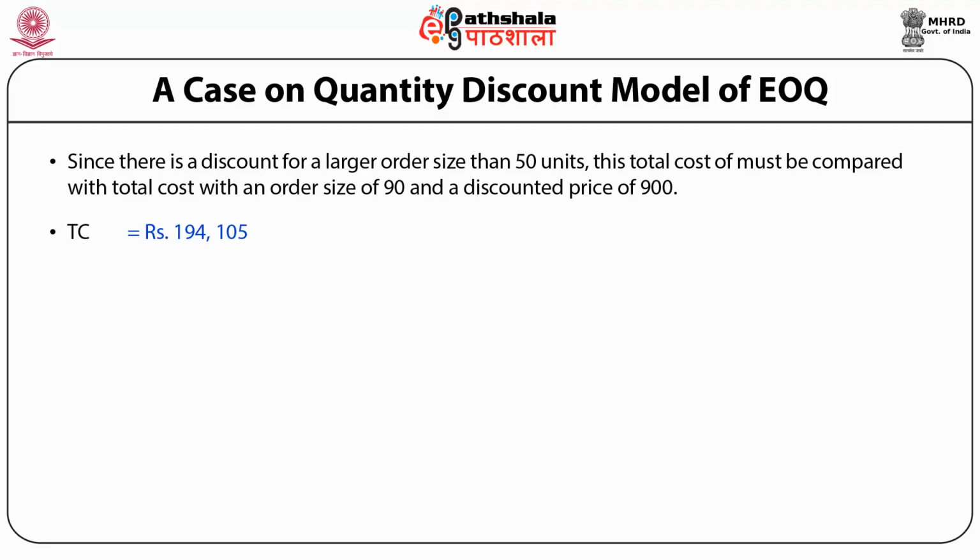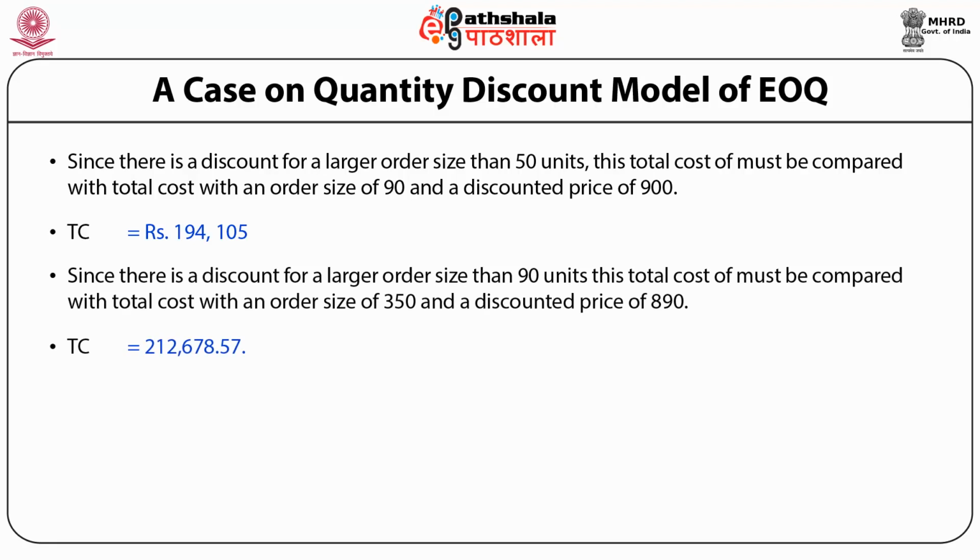Since there is a discount for a larger order size than 50 units, the total cost must be compared with total cost with an order size of 90 and a discount price of 900. Total cost equal to rupees 194,105.